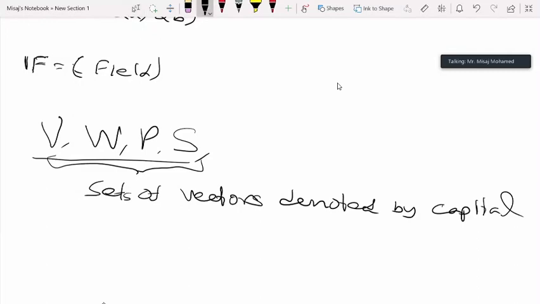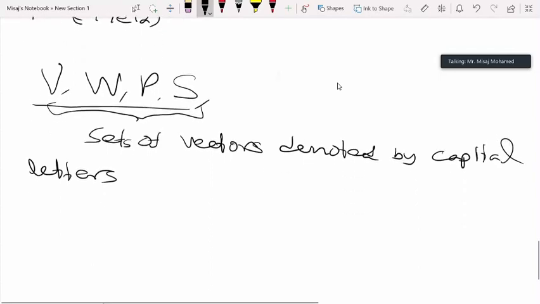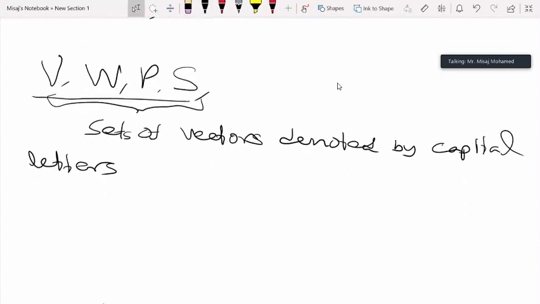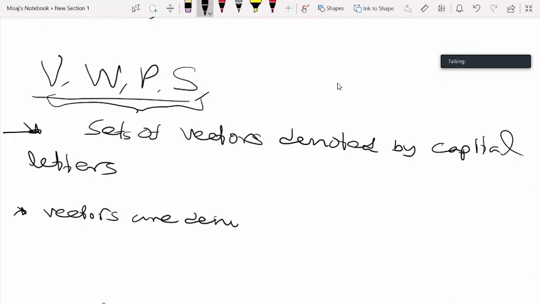Similarly, vectors are denoted by small letters.